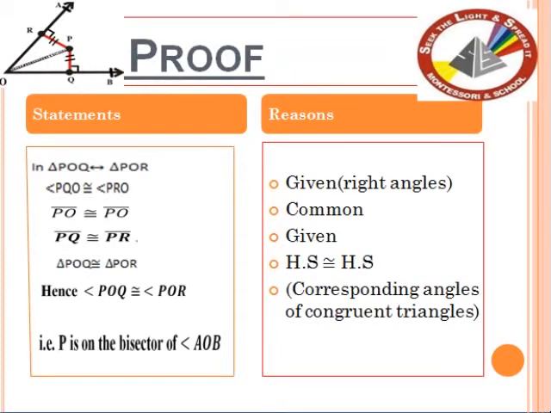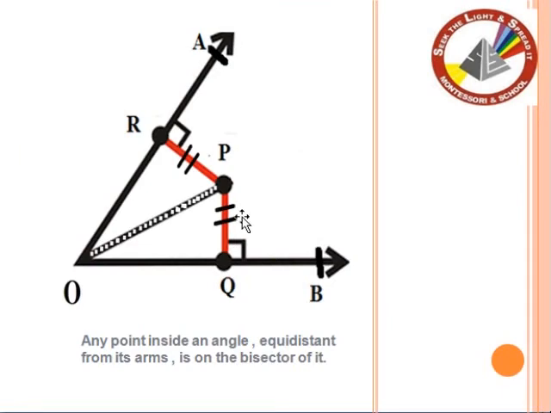Now the next step of the theorem is writing its proof. In proof, we will again write statements and reasons. And whenever, dear student, in our figure we have two triangles, we will compare both triangles. Here we will again compare this triangle POR and this triangle POQ, and we will compare all its sides and angles.